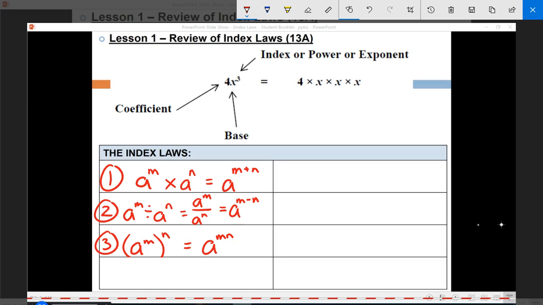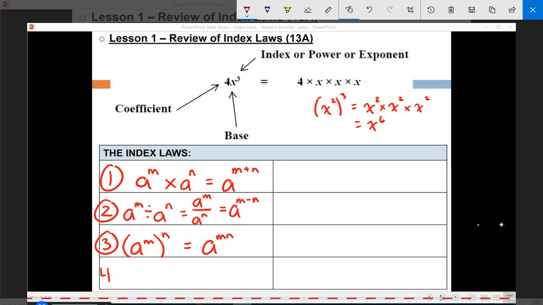Now guys, if you forget an index law, you can always break it down. If you had x squared cubed, you would know that just means x squared times x squared times x squared. So that's just x to the 6. If you ever run into trouble, you can always break it down into other things.